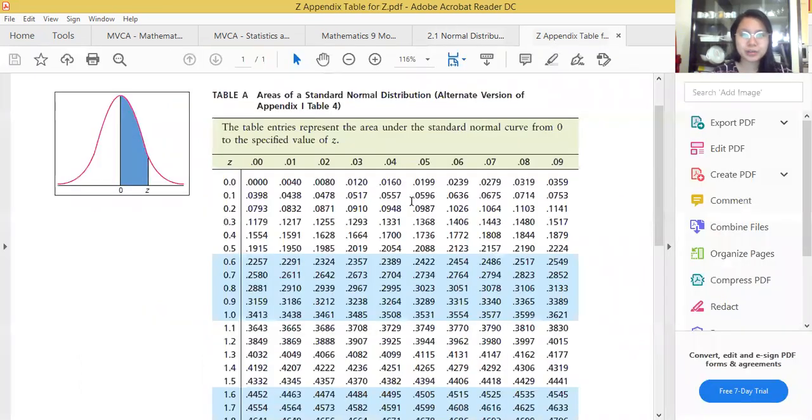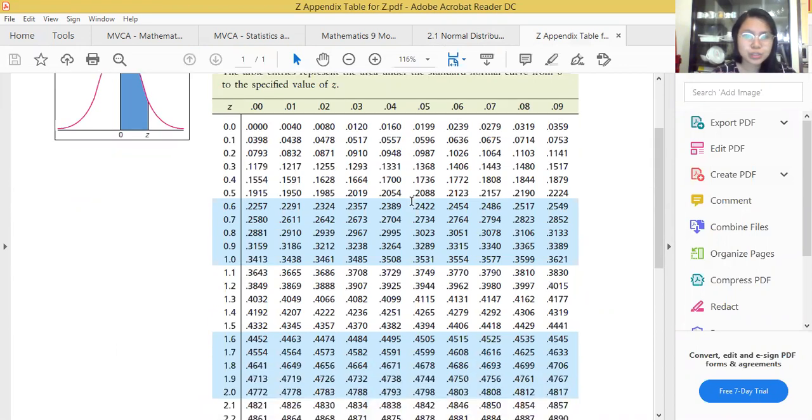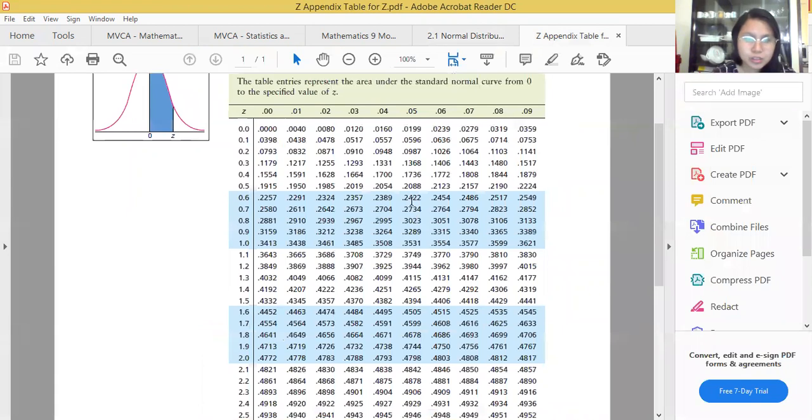Let's have one more. Ready? Let's look for 2.52. So you look for 2.5. It's here. Actually, I just count it from here. 0, 1, 2. The answer for 2.52 is 0.4951. Another, negative 0.55. It's the same as positive 0.55.